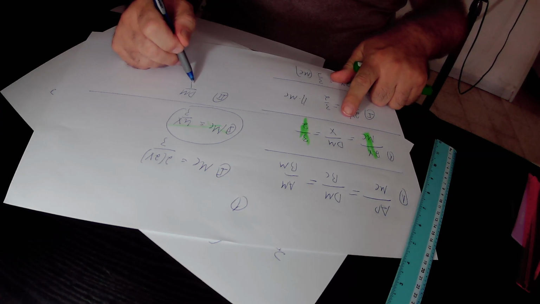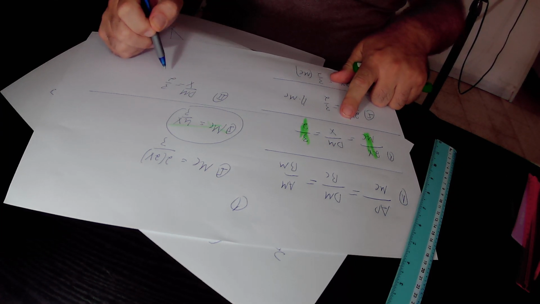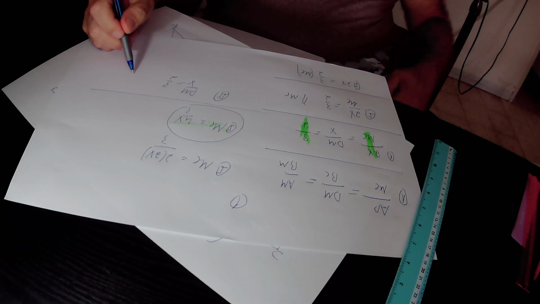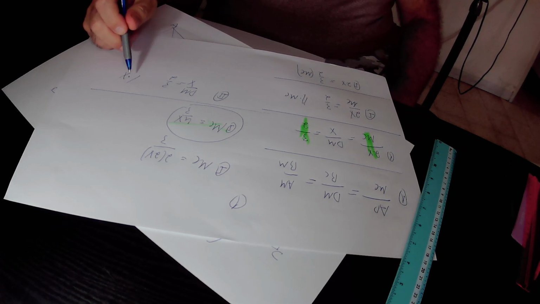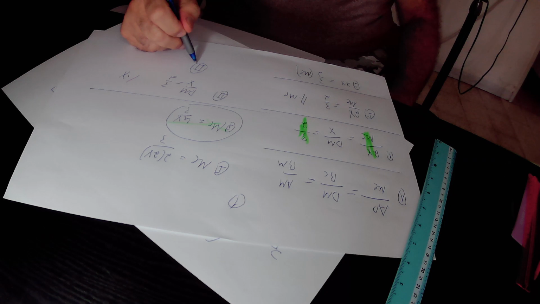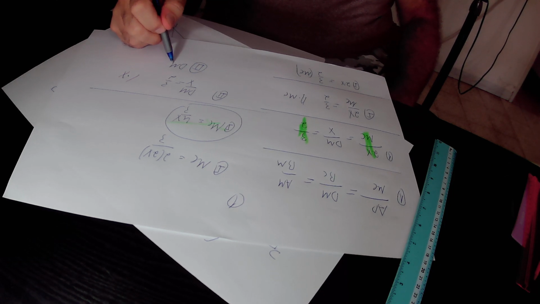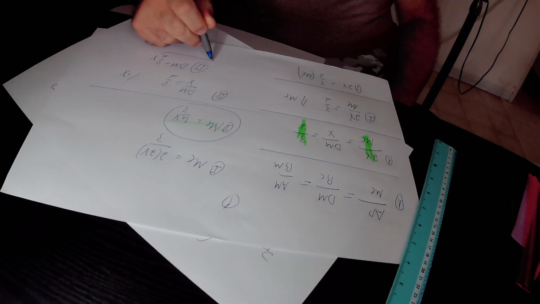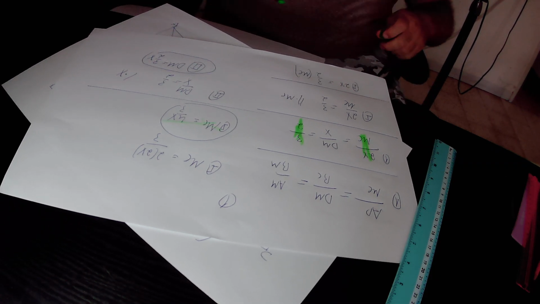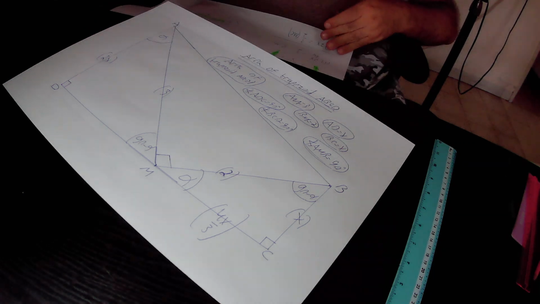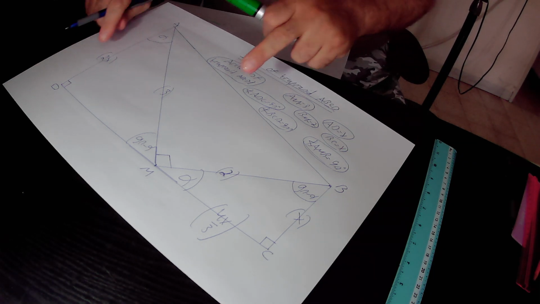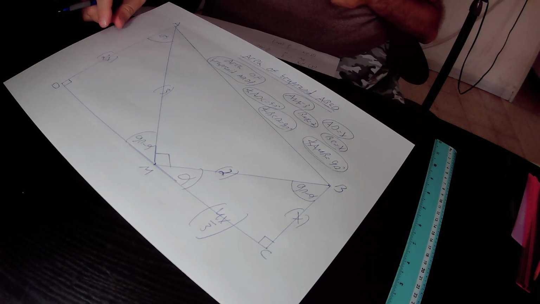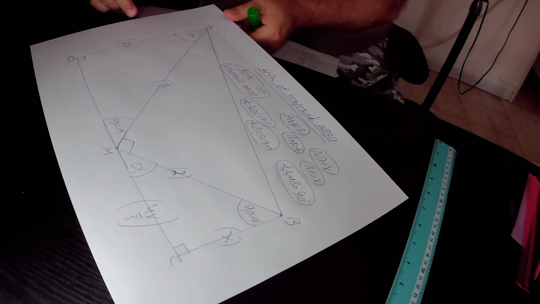Here we multiply this equation by x and finally we get that DM, the missing side, is equal to 3 halves times x.